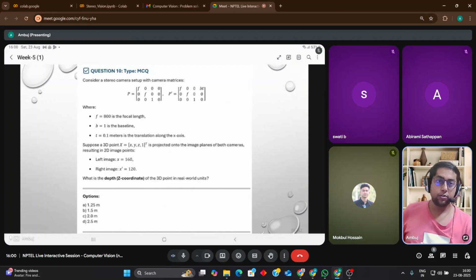Try to jot these matrices down. Then we will see. Use the same relationship as it was there in the previous question.